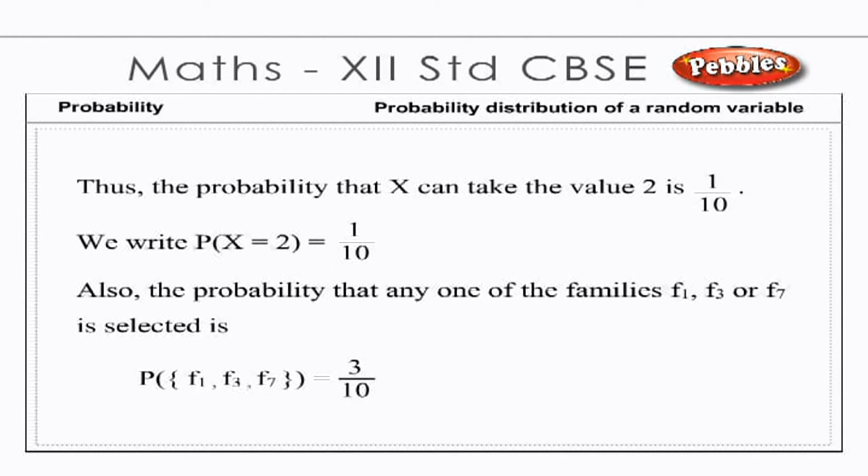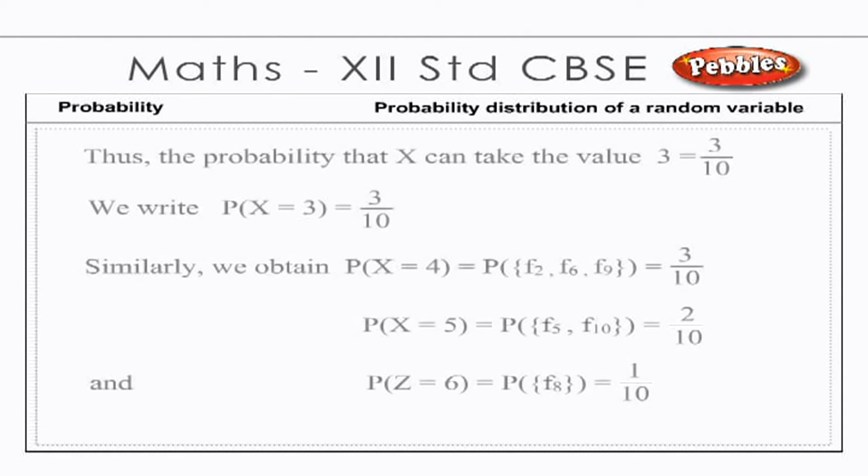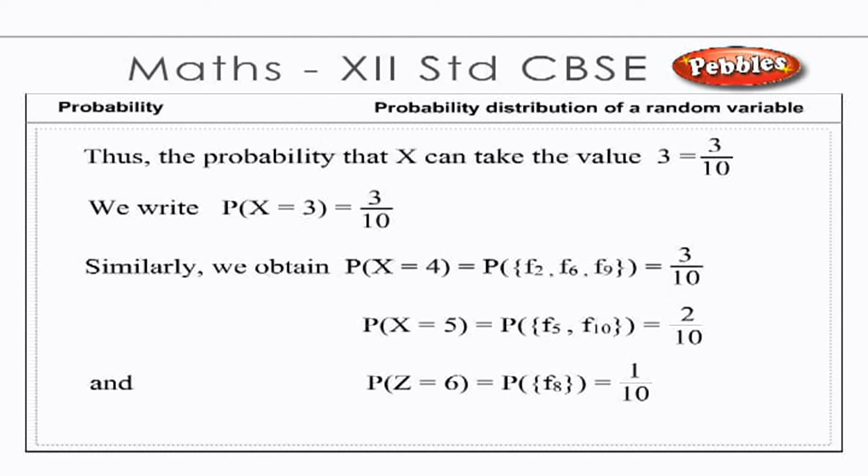We write P of X equal to 2 equal to 1 by 10. Also, the probability that any one of the families F1, F3 or F7 is selected is P of {F1, F3, F7} equal to 3 by 10. Thus, the probability that X can take the value 3 equal to 3 by 10.